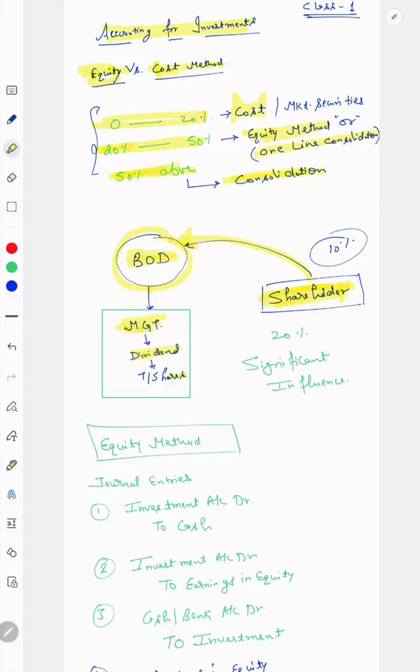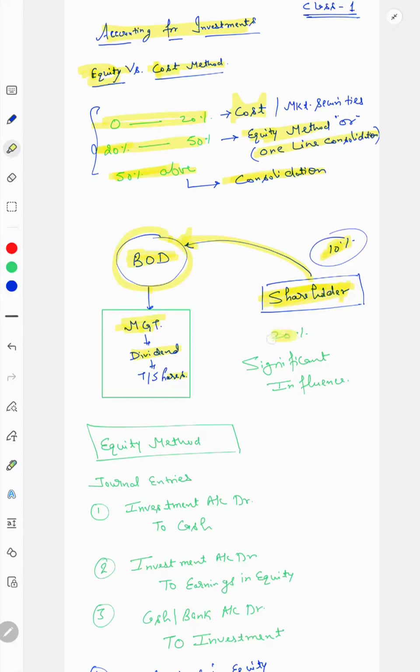If you own only 10%, it is assumed that you do not have the influence on the board of directors to manipulate any dividend or to force the management to declare a dividend.